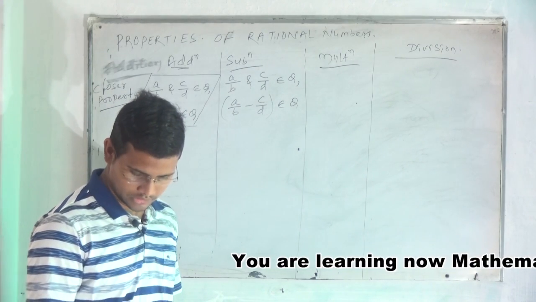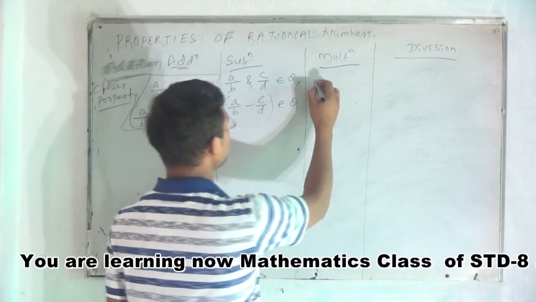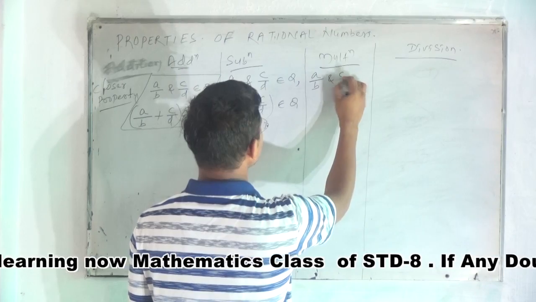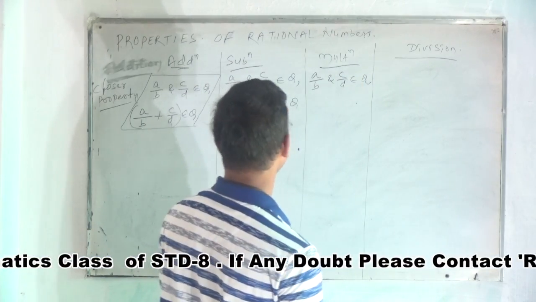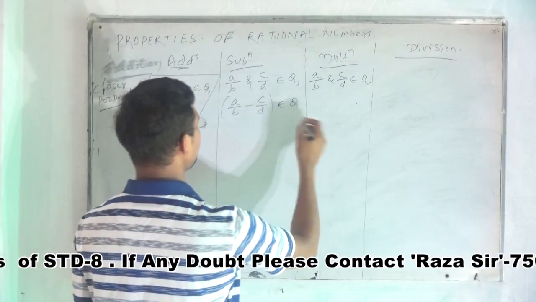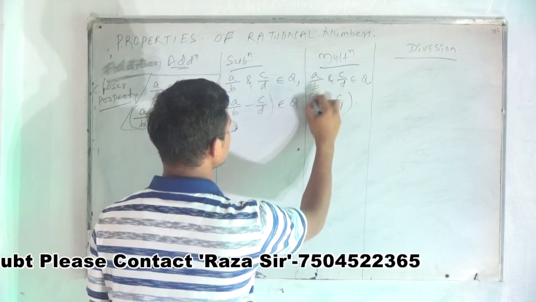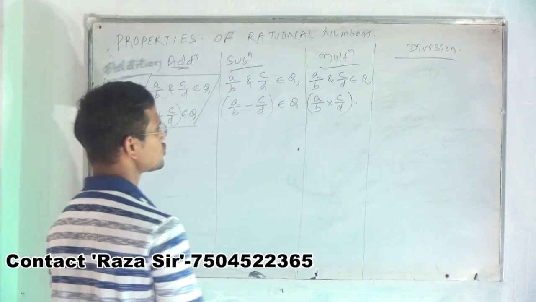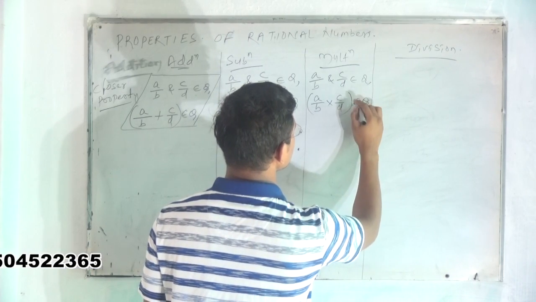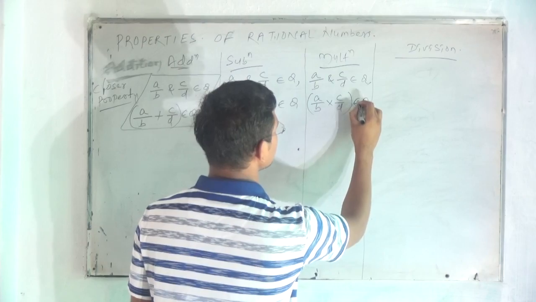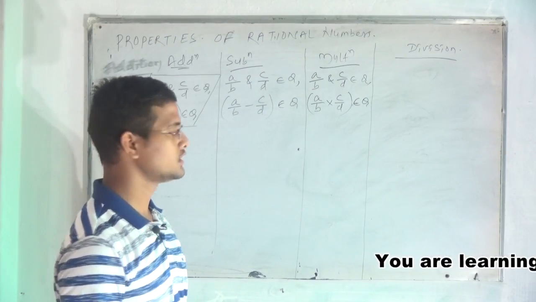Okay, then in the multiplication case, similarly you take a by b and c by d belonging to Q. Those are two rational numbers, then their multiplication also belongs to Q. That means the product of two rational numbers is also a rational number.